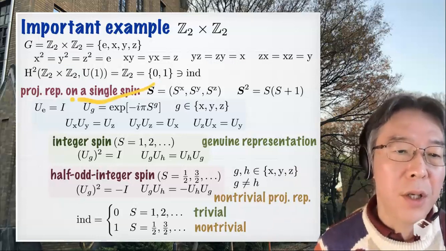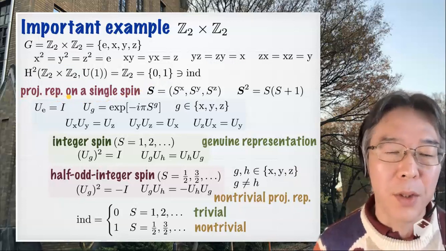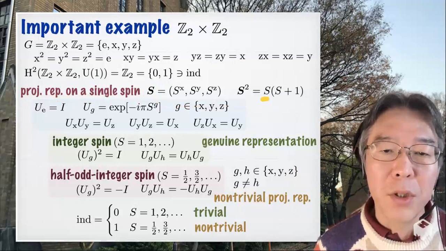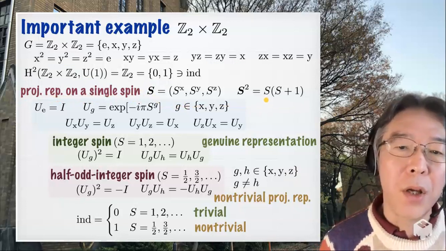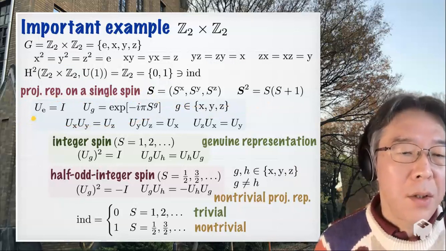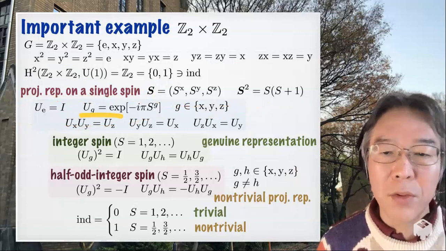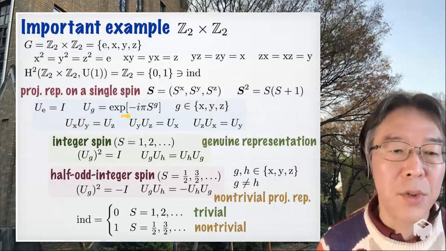A very important example of a projective representation is given by a single quantum spin. This is a quantum spin operator, and this is the spin quantum number, which can be 1/2, 1, 3/2, 2, and so on. Now I set U_e as 1 and U_g as the pi rotation about the g axis of spin space.